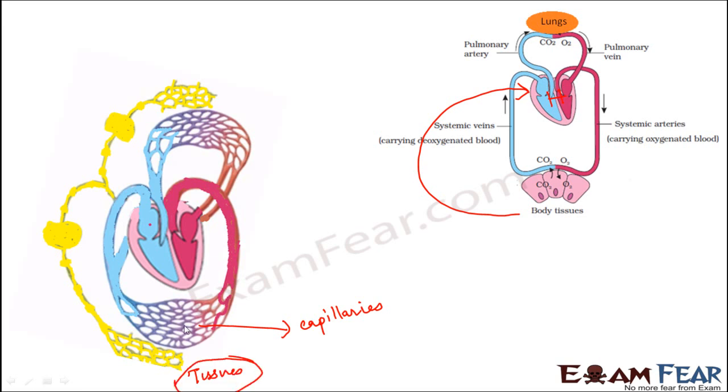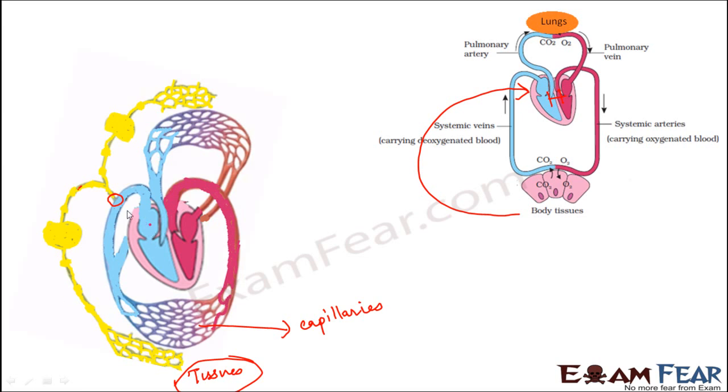When the leakage happens from these blood capillaries, the fluid or the plasma gets into the interstitial spaces of the tissues. From there it is picked up by the lymph vessels, and then it flows through the lymphatic system, which takes it to the heart. So you see, this tube gets connected at this place. It is actually carrying everything from tissues to the heart.